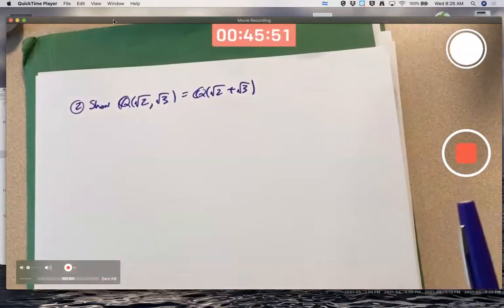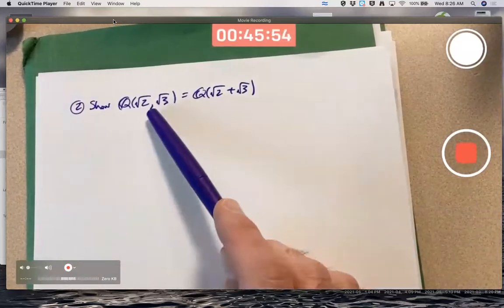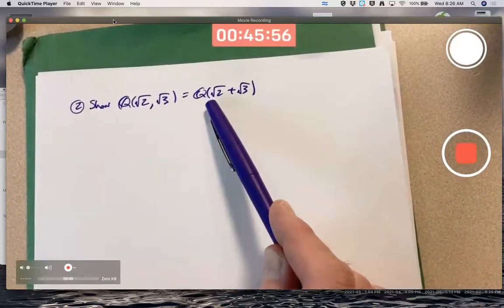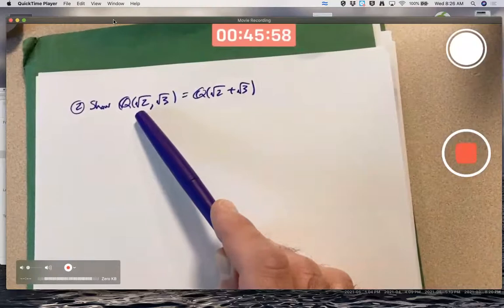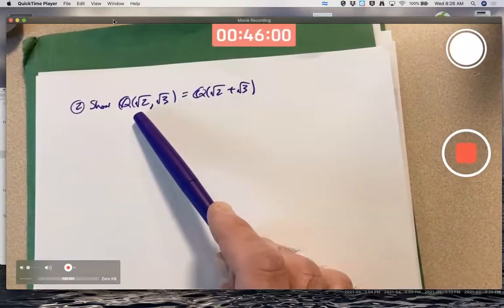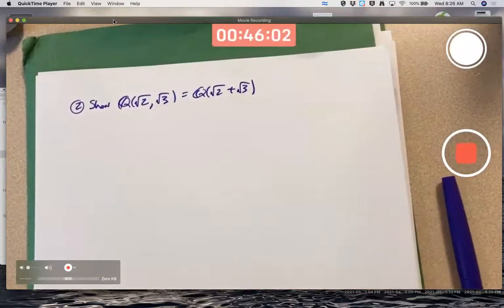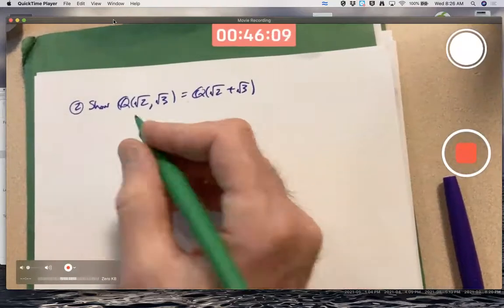We show equality of two sets. We can show this is a subset of that and vice versa. One of those inclusions is easy, but it's not clear without some experience which one of those is the easier one. The easier inclusion is based on the fact that this is a field.